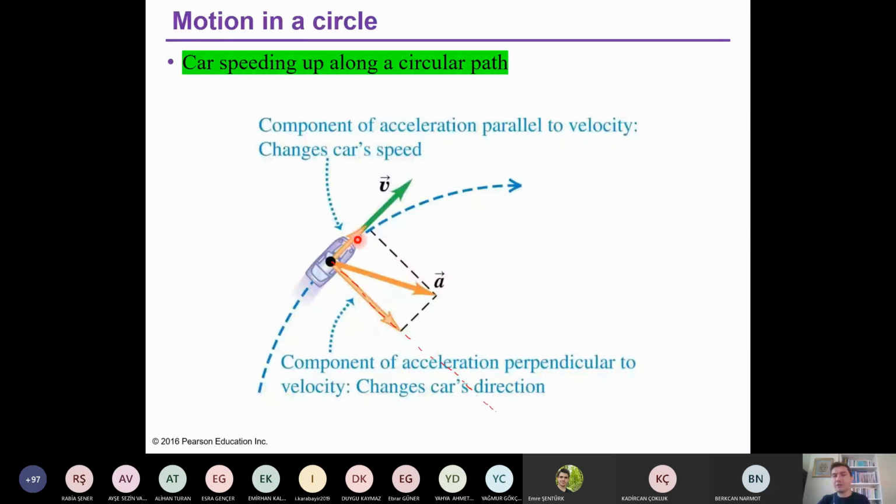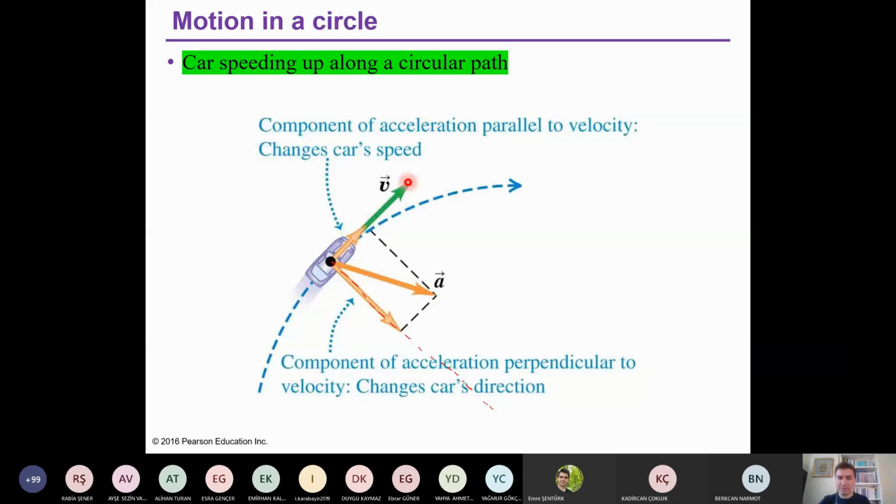Another piece of information from the last lecture: velocity is always tangent to the path. Don't forget this. Now the component of acceleration parallel to velocity changes the car's speed. What do you see here? We have the velocity direction and the acceleration direction. Since they are in the same direction, the car is speeding up.